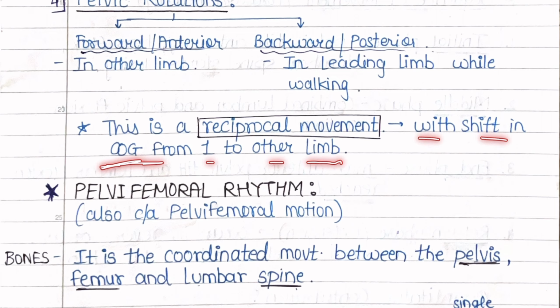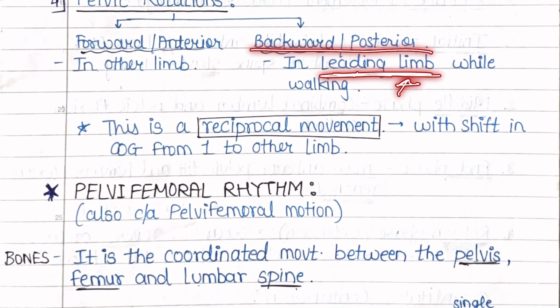When we walk, the limb which is leading, the limb which we put forward, firstly undergoes backward or posterior rotation, whereas the limb which remains backward undergoes forward or anterior rotation. So this is a reciprocal movement, which means there is continuous alternation with shift in center of gravity.